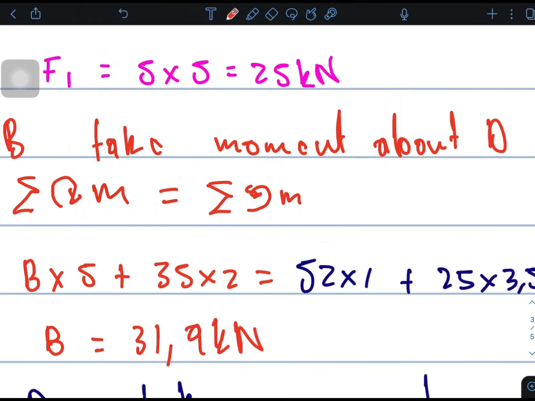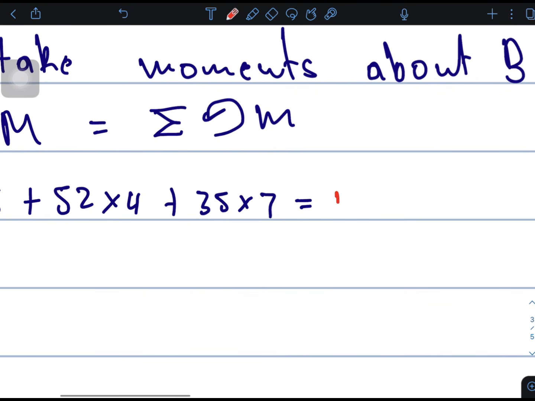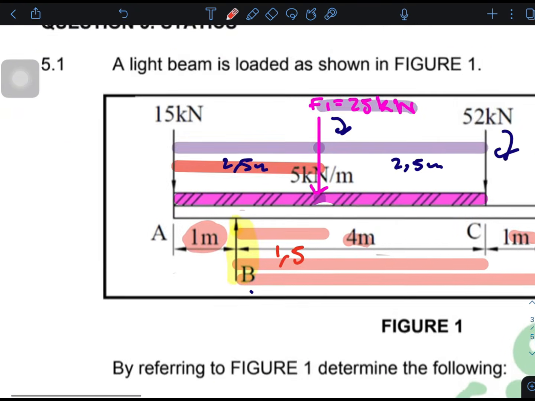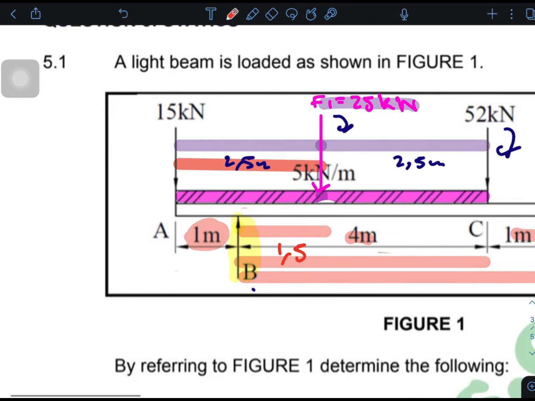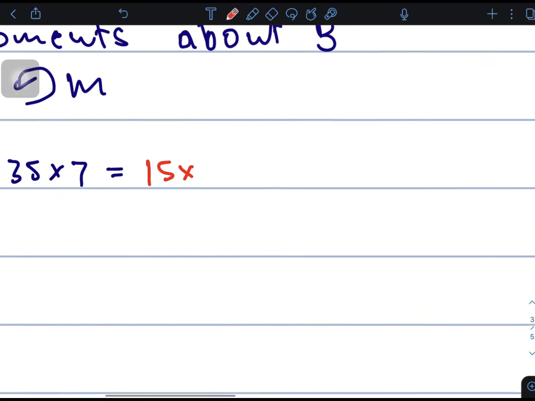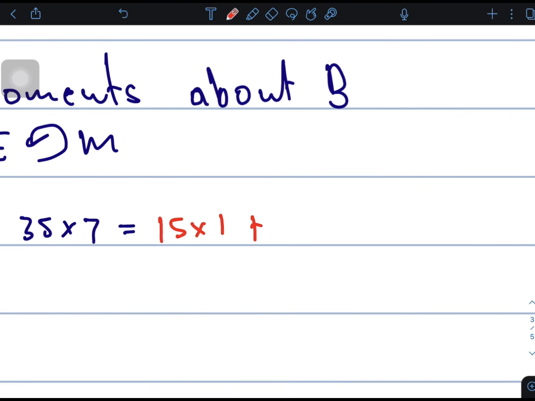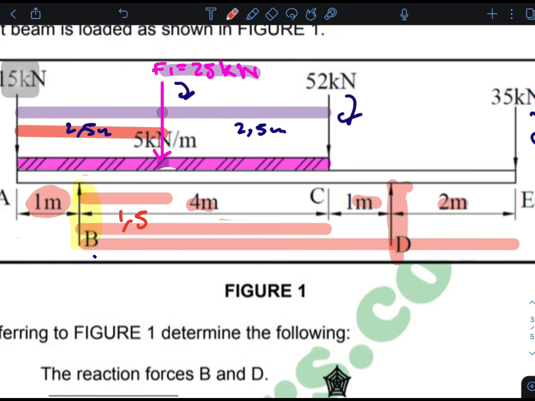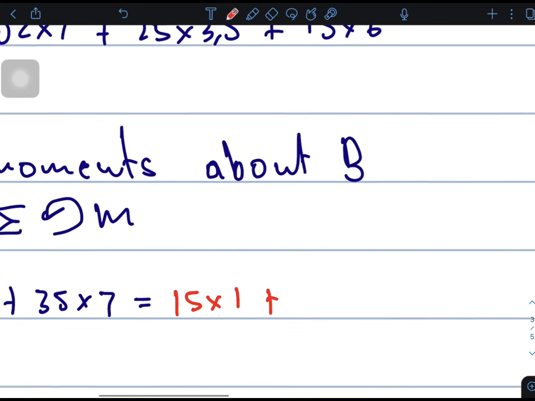Okay, 15 times, what is the distance from the turning point to the line of action of that force? It is clear, it is 1, times 1, plus then the next force is the D force.